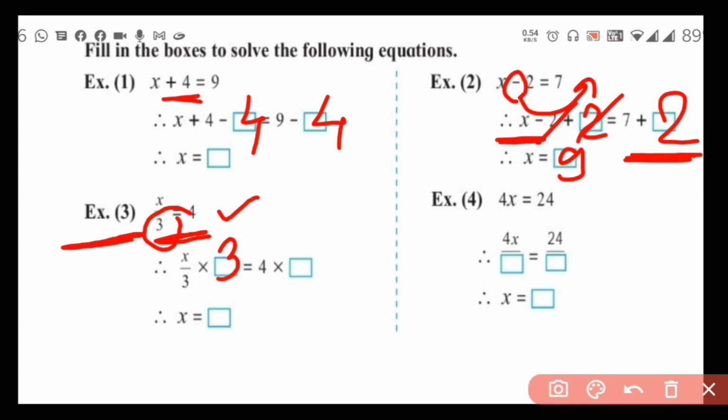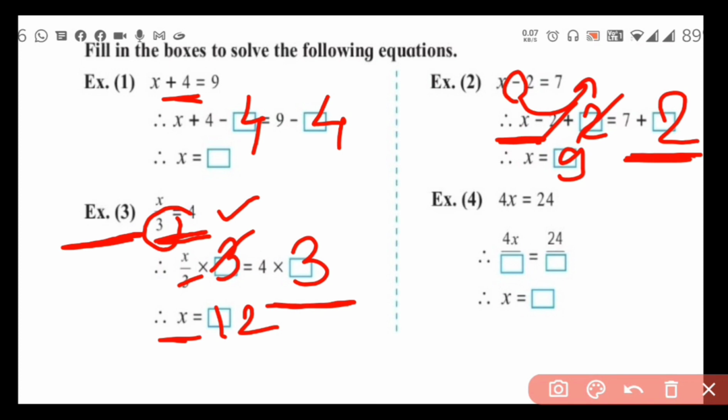So x upon 3 multiplied by 3 equals 4 multiplied by 3. This 3 gets cancelled and only x remains on the left hand side. On the right, 4 3s are 12, and in the end we get the value of x. So always see that the constant term should be transferred from the left side to the right side. Now see the last example which is given here.